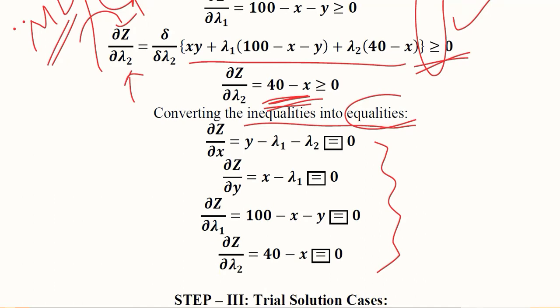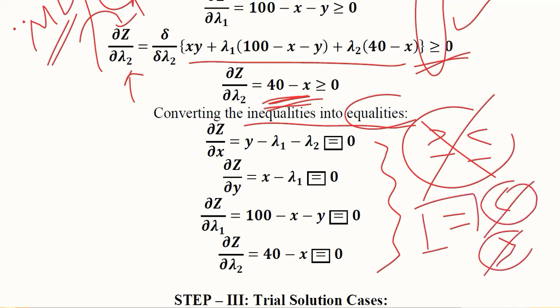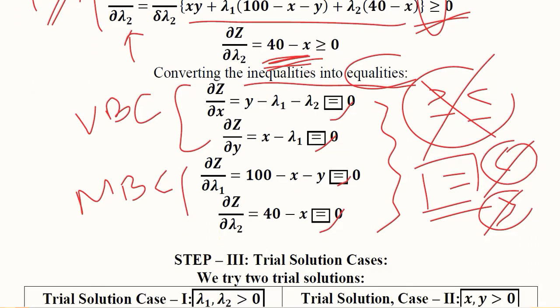We are dropping the inequalities and we are going to opt for the equalities. These signs are now dropped and we are retaining the equal sign only. So the boxes are clearly mentioning that we have converted the variable based conditions and the multiplier based conditions into equalities. Now it is easier to solve them.